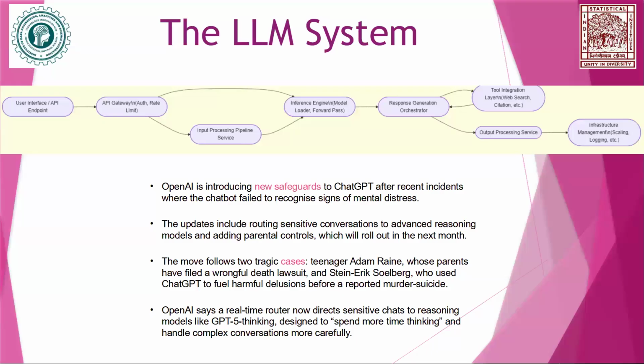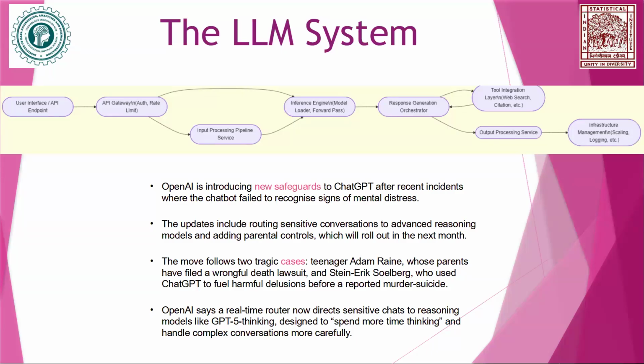Similarly, in the output processing services also, a lot of classifiers are used to understand whether the output may be used by a malicious user for malicious purposes. OpenAI is trying to use these classifiers and others to understand the nature of the query and the response, so that such incidents, where people like teenagers are using these systems and it leads towards crime or suicide or things like that, can be avoided.